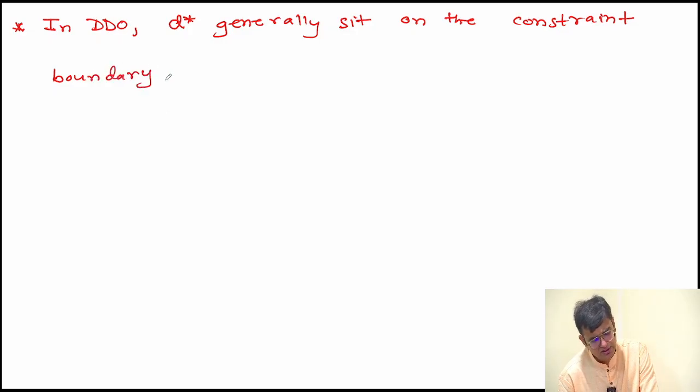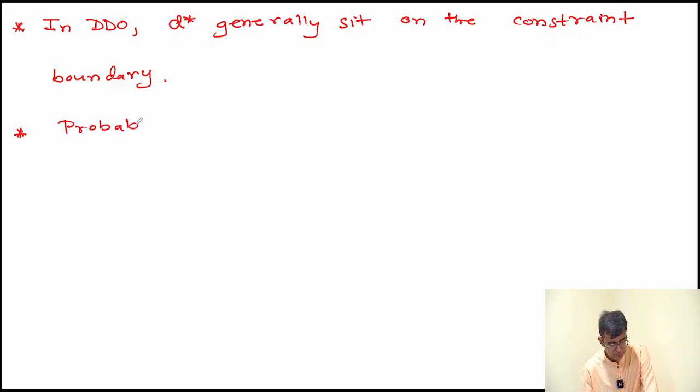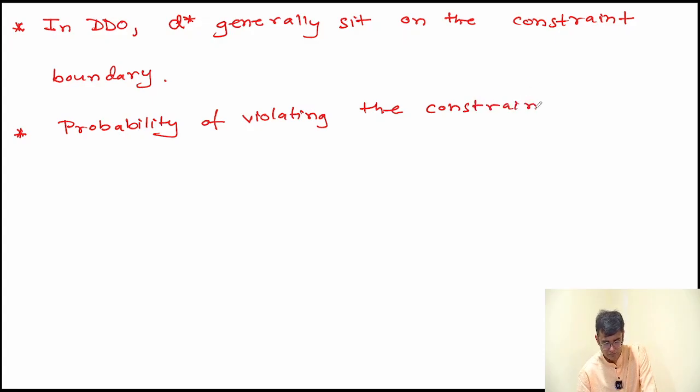It is generally on the constraint boundary, which means the probability of violating the constraint is high.